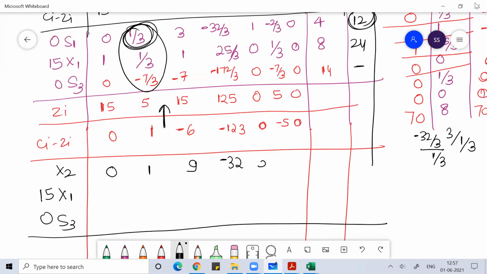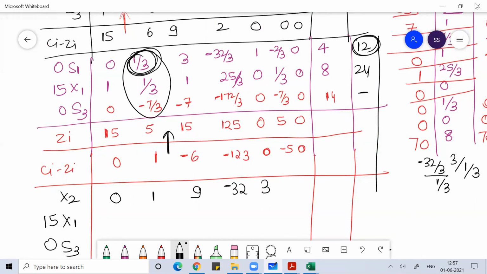This is 0, then this is 9, then 1 minus 32, 1. 1 divided by 1 by 3 is 3, minus 2 by 3 divided by 1 by 3 is minus 2, then 0, then 4 divided by 1 by 3 means 12.